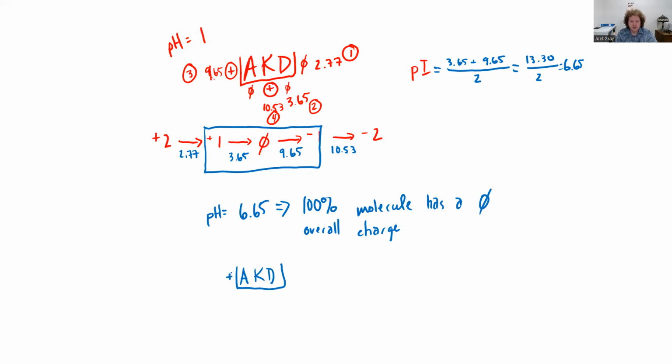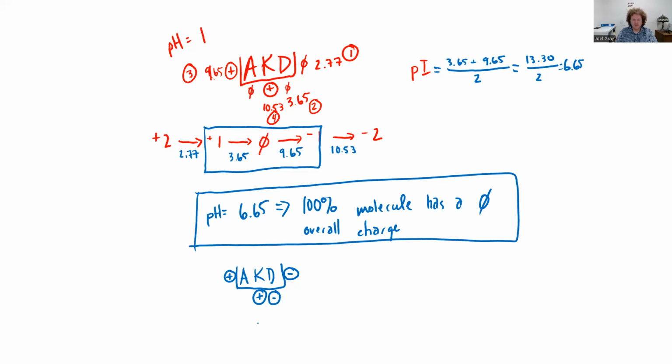The N-terminus still keeps a positive charge. My R group for lysine still maintains a positive charge. My aspartic acid R group, or side chain, has a 0 charge, and the C-terminus of my aspartic acid has a negative charge on it. So there are still charged portions of this molecule, but the overall charge is 0. At a pH of 6.65, 100% of the molecule looks like this, an equal number of positive and negative charges canceling one another out.